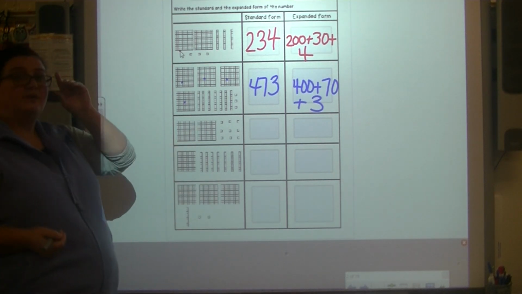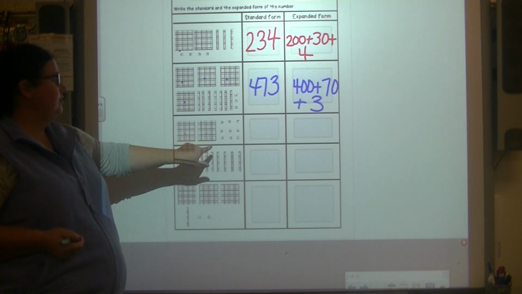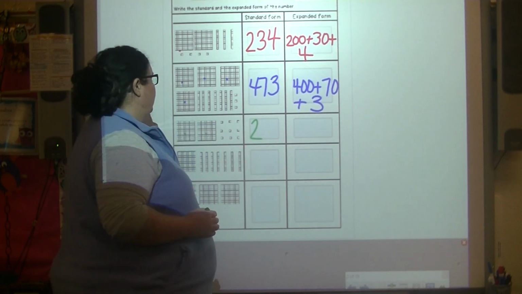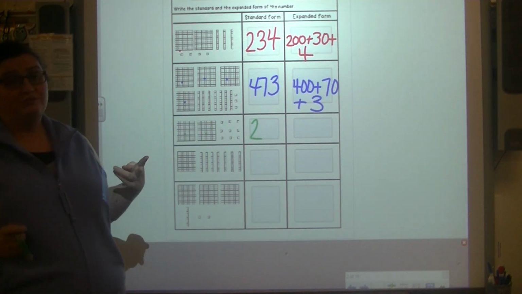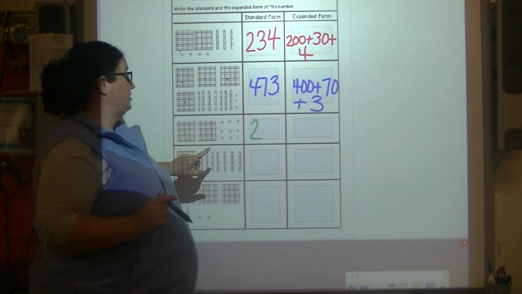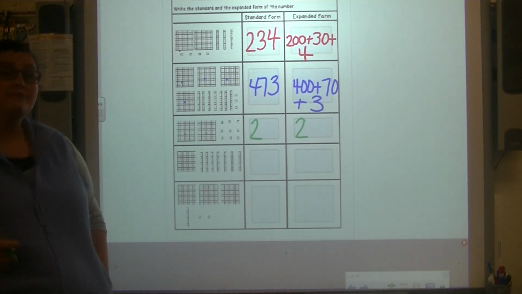All right, my next one. Count. 1, 2. 2 groups of 100 is 200, 100, 200. How many groups of 10?